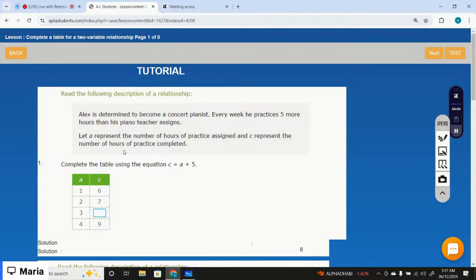Complete the table using the equation C equals A plus 5.